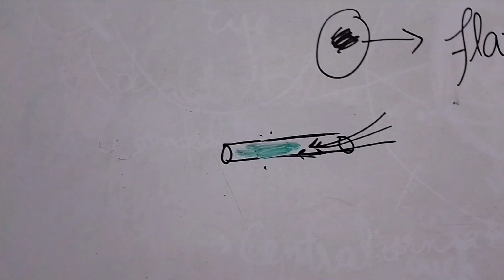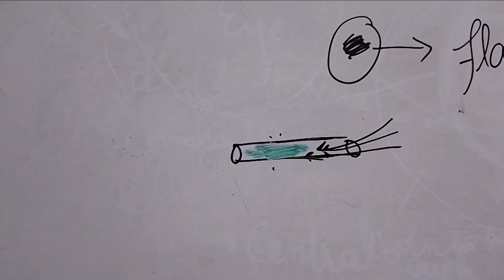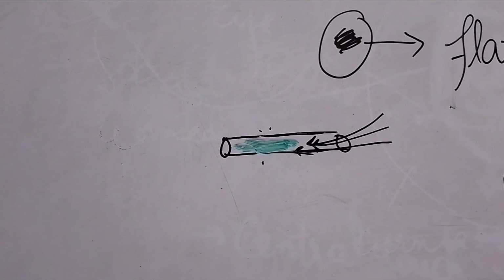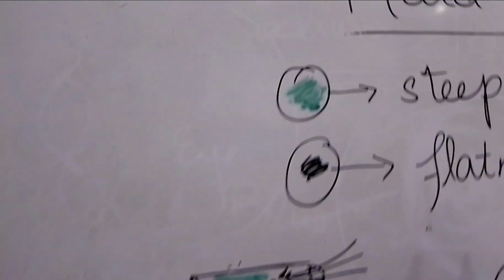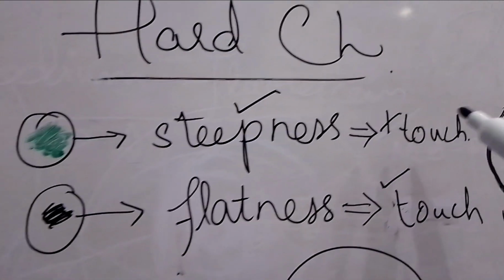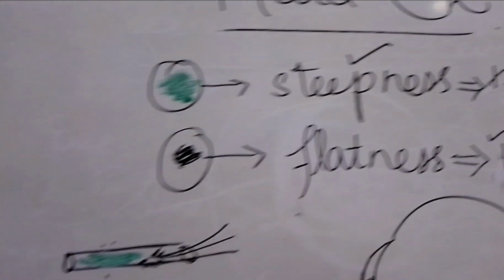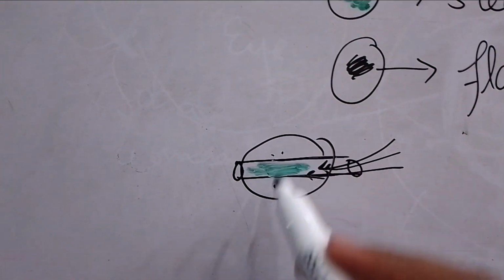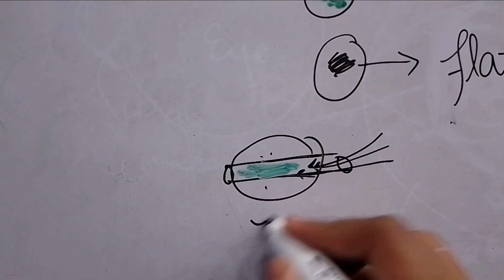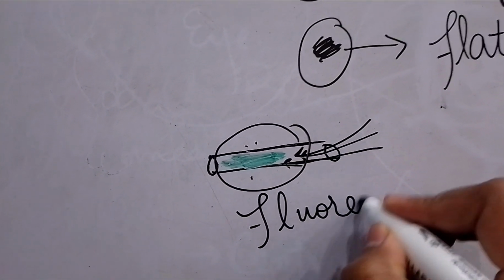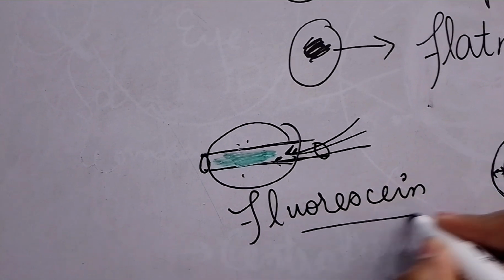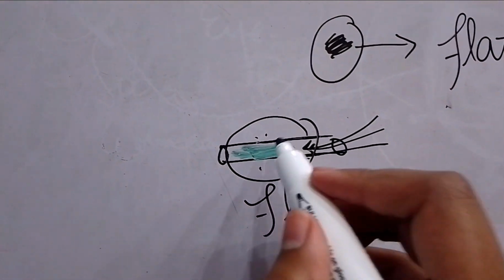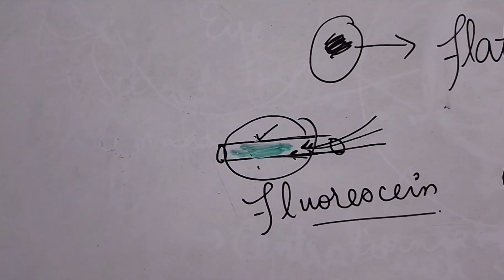So wherever the cornea and contact lens are not in touch, it means they are steep. Either you can say they are steep, or you can say they are not in touch. In that case, the area will be occupied by the fluorescein, right? Whenever there is fluorescein, the green color will be shown. Why?